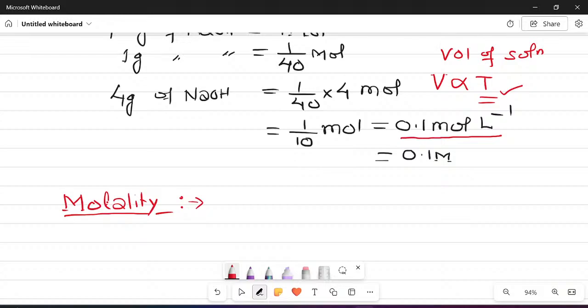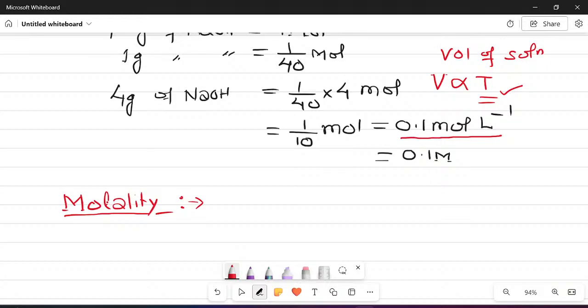Here we do not relate our amount of solute with the volume of the solution, but rather we express the amount of solute present in the amount of the solvent. So what is molality?